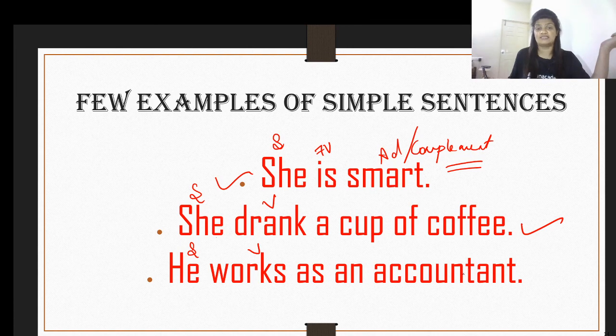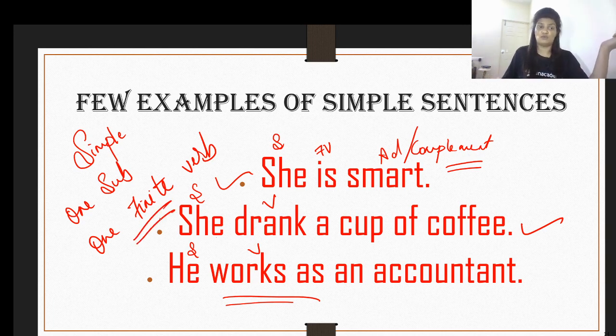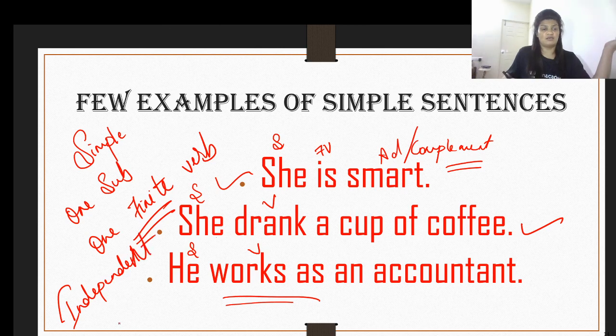He works as an accountant. So there you have your simple sentences with one subject and one finite verb. This is the condition for a statement to qualify as a simple statement, or you can also call it an independent sentence or clause.